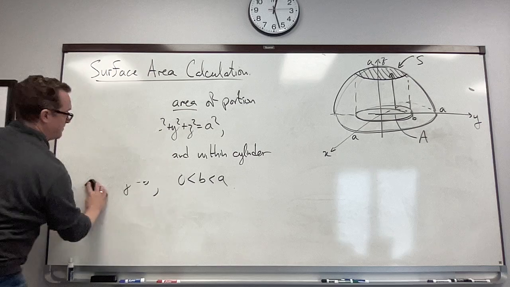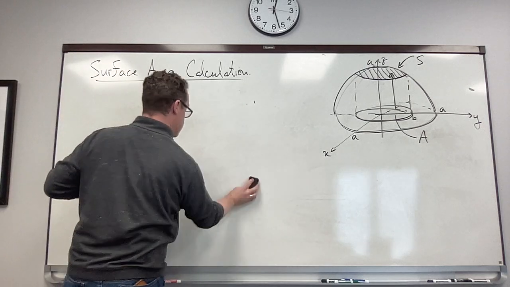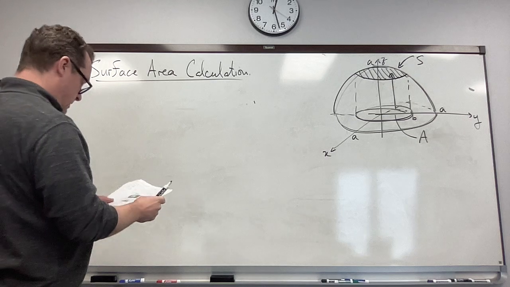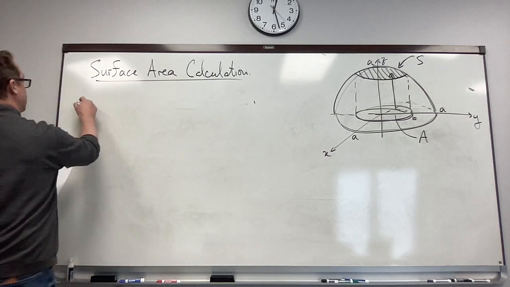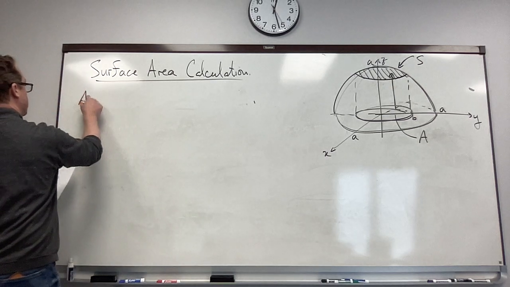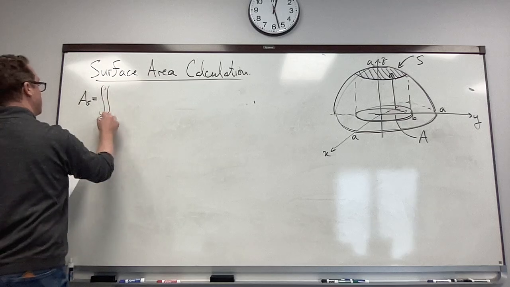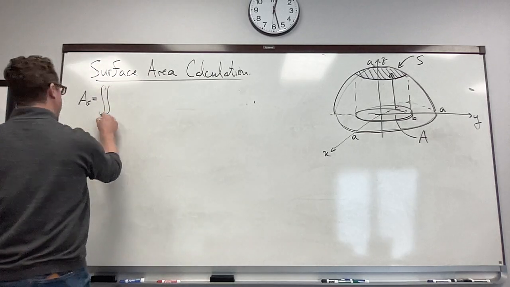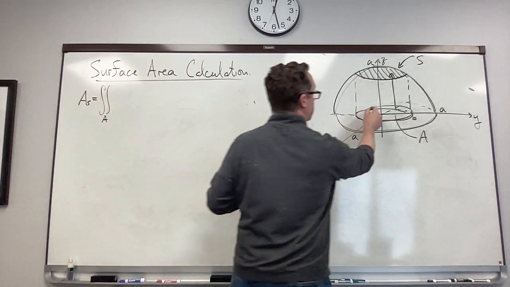Now, let's remind ourselves formally what we're going to be after here. So the area of a surface is going to be this integral over, I've drawn it as A there, so I'll write capital A, this region here.